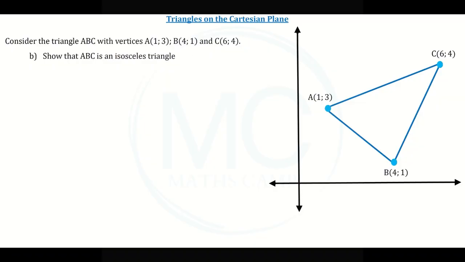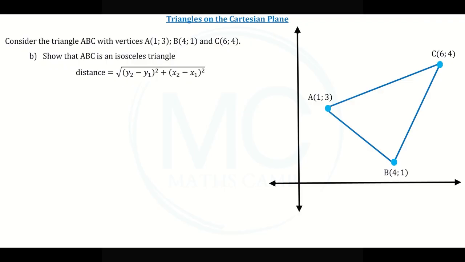Show that ABC is an isosceles triangle. From our work in Euclidean geometry, we know that an isosceles triangle has 2 equal sides. So in order to show that this is an isosceles triangle, we need to show the length of 2 sides are the same. To find the length of a given side, we use the distance formula.